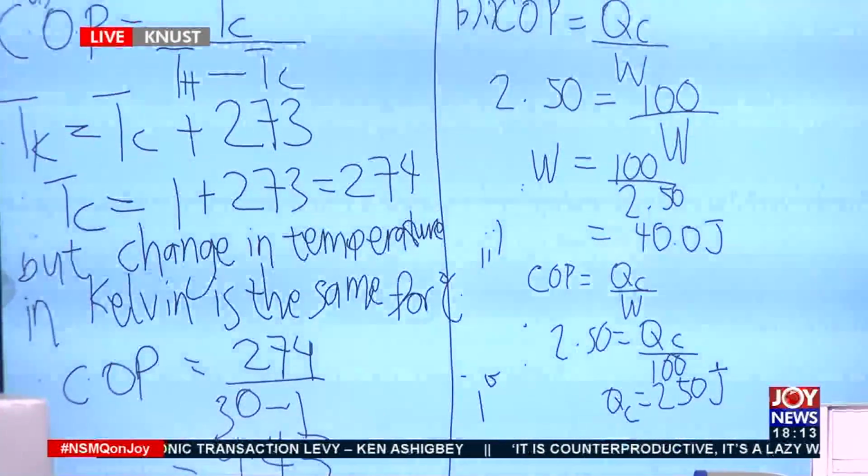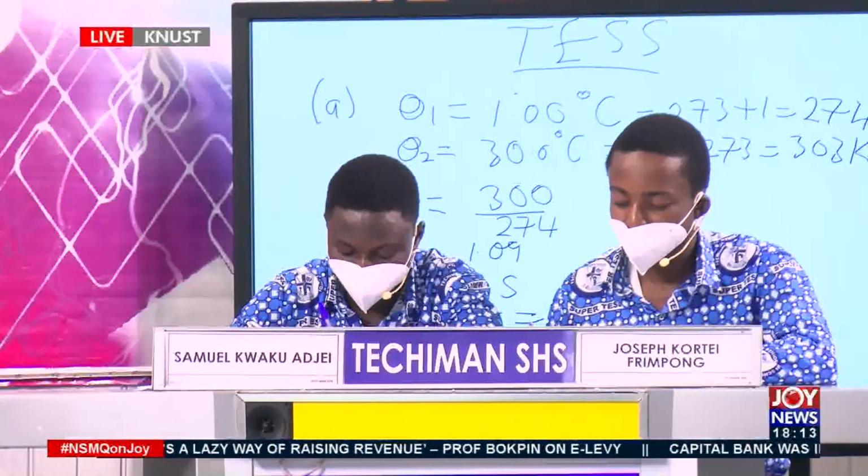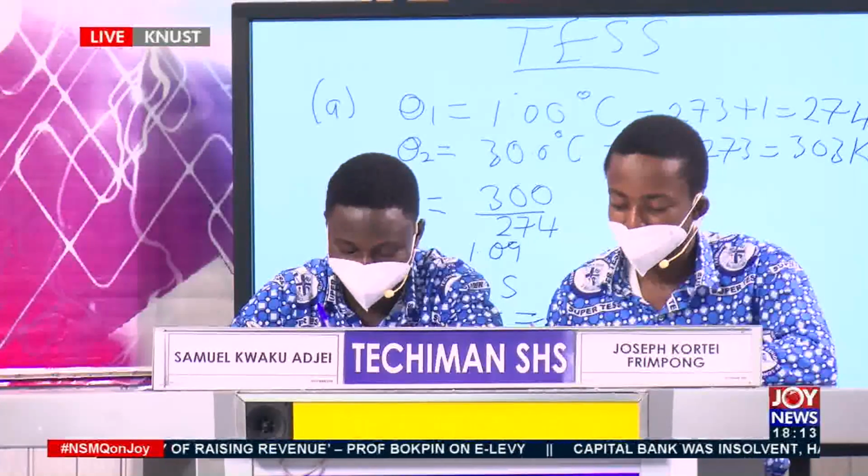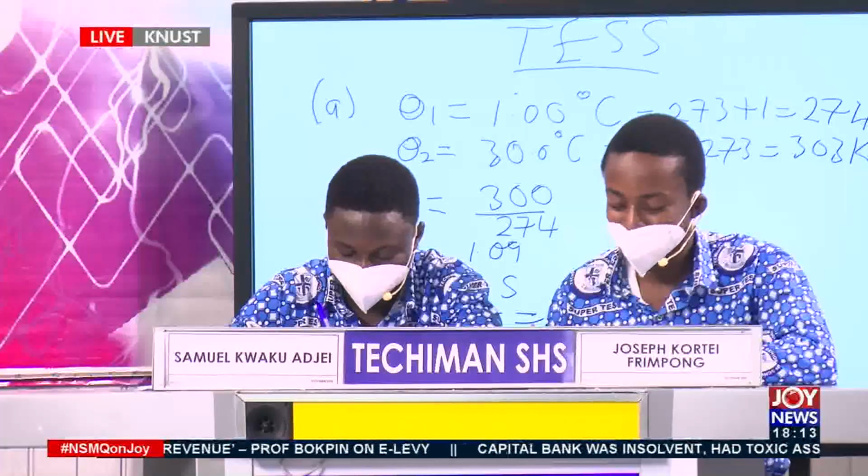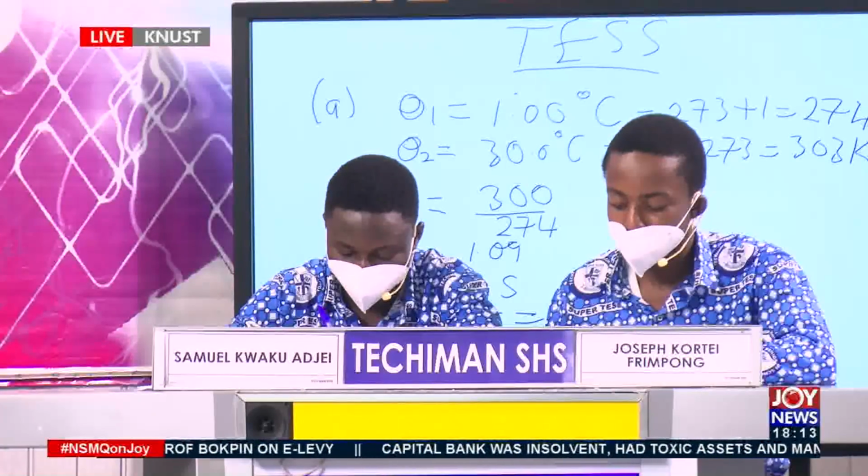What did our contestants do? Let's start with Techiman. Techiman was unable to do the first part. Wrong answer. In fact, I don't understand what they are doing there. For the second part, they managed to have 100 divided by 2.5, which is what we're expecting for the calculation.